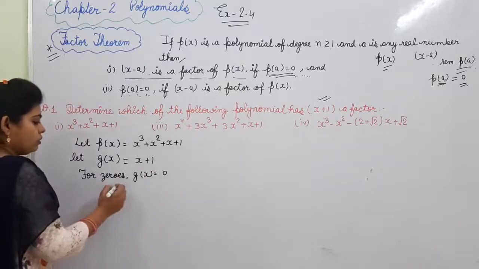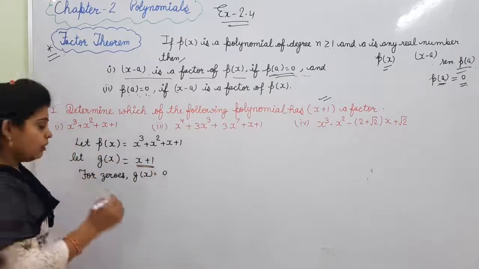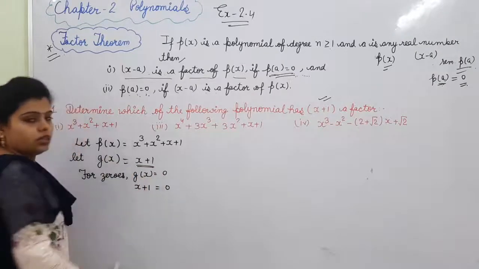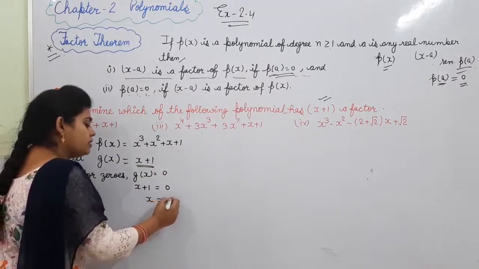Now, if g of x is equal to 0, it means this x plus 1 is equal to 0. From here, x will equal to minus 1.